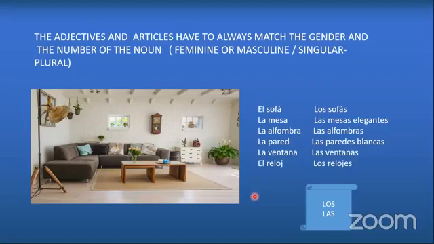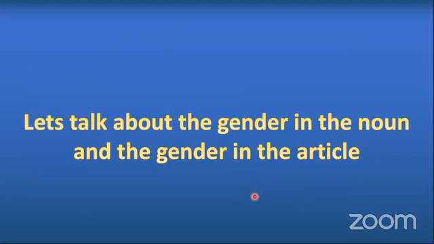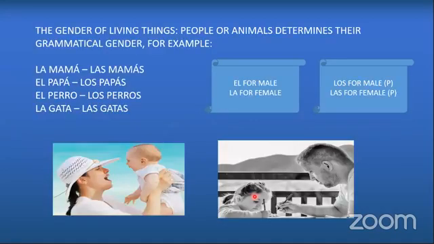Next one here. Let's talk about the gender in the noun and the gender in the article. The gender of living things, people, or animal nouns determines the grammatical gender. For example, usually moms are female. If I say mamá, which is mother, the article has to be feminine because we are talking about living things.